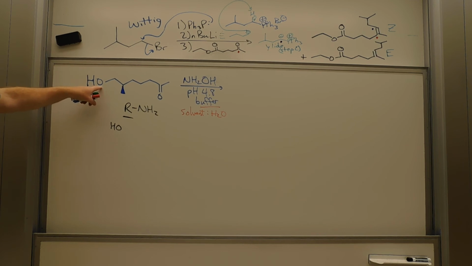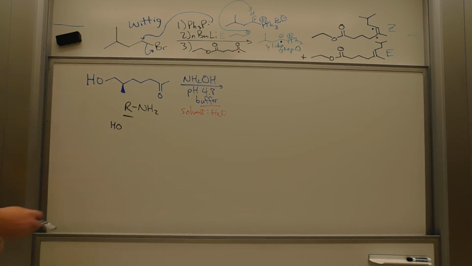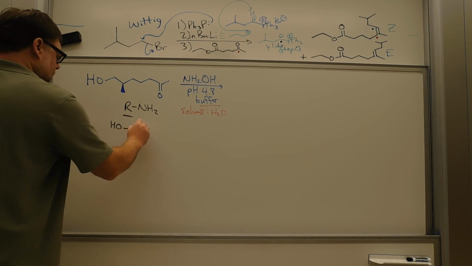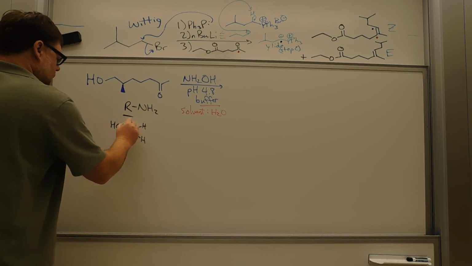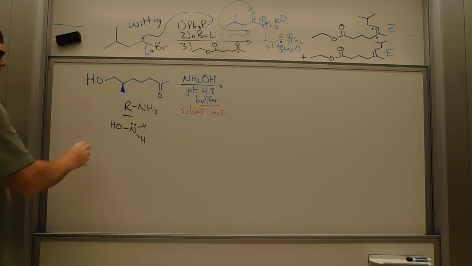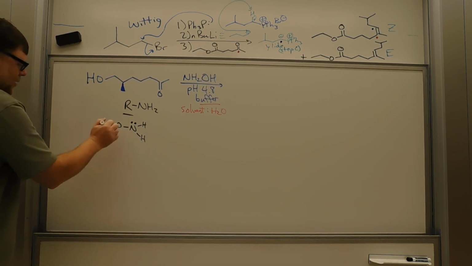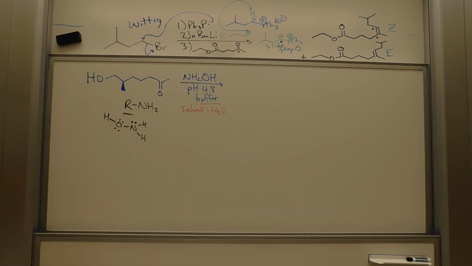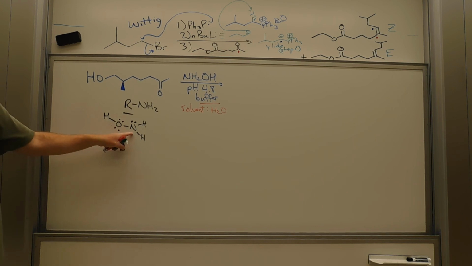But this alcohol, that's an OH written there, that's a covalent bond. This is also a covalent bond. So the way this molecule looks, I hardly ever draw full Lewis structures in this class. So there you go. All the electrons and everything. So that oxygen's nucleophilic, but so is the nitrogen. The nitrogen's a little more nucleophilic, and it can make two bonds.